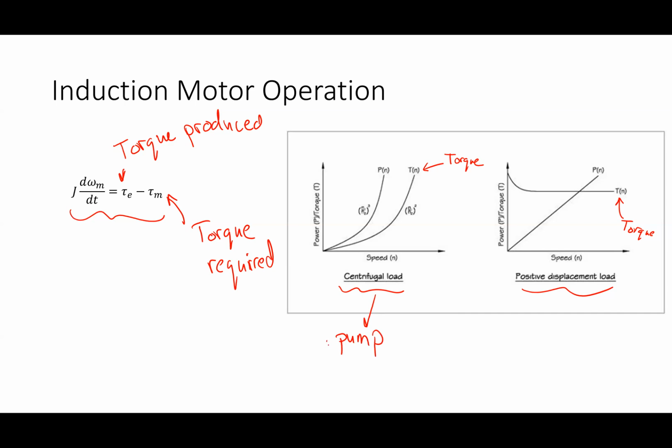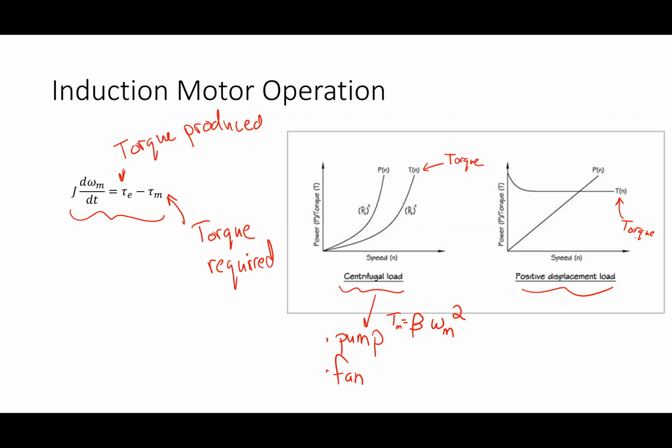This is a pump or a fan. And this is a really important point because I'm going to talk about motor drives a little bit, not today, but in the future. The torque mechanical is some constant times speed squared, roughly. That's not exactly perfect, but it's about right.